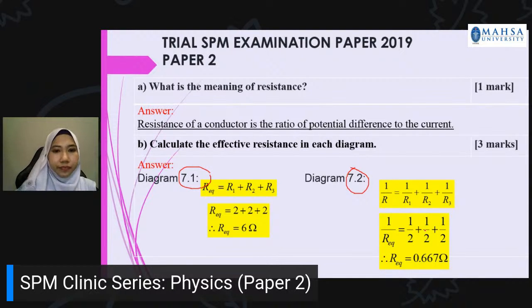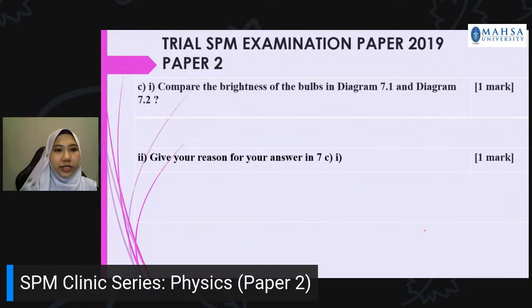Next question: compare the brightness of the bulbs in diagram 7.1 and diagram 7.2. When talking about brightness, it's related to the current. The voltage is the same, but the difference is the position of the bulbs in the circuit, which may affect the brightness, since brightness is related to the current.